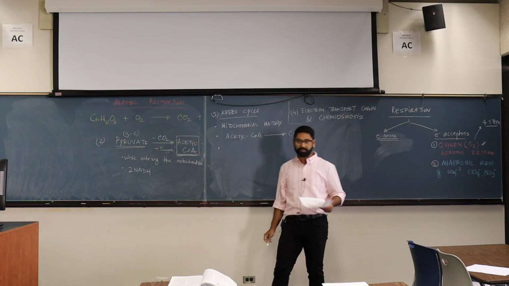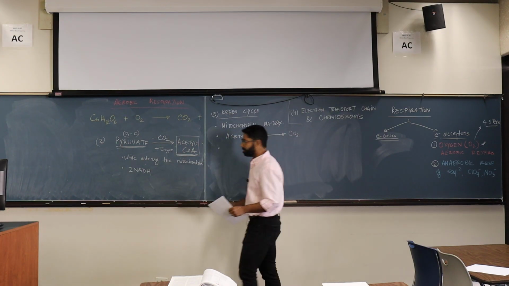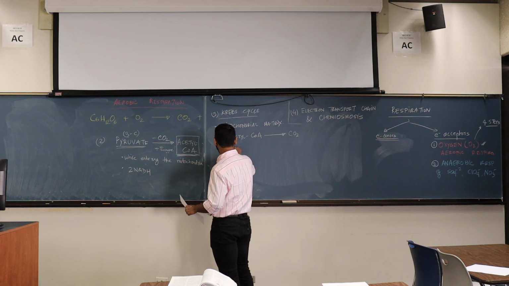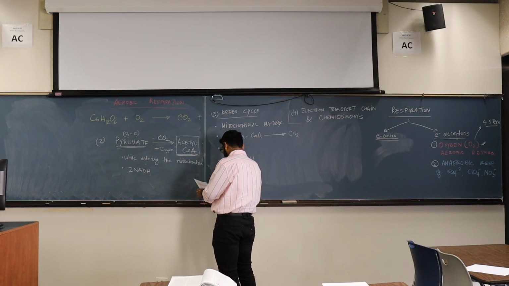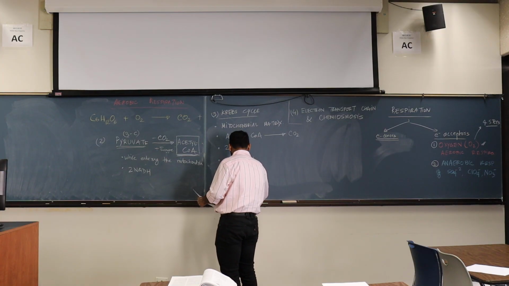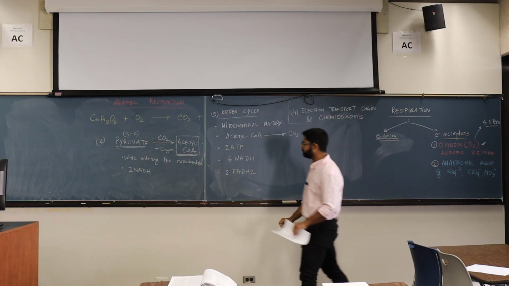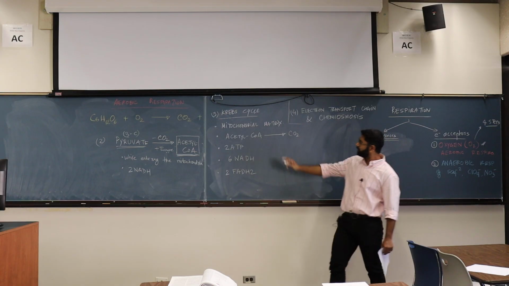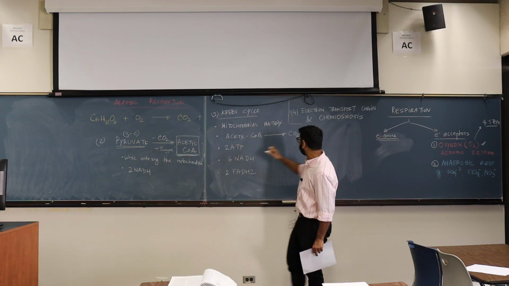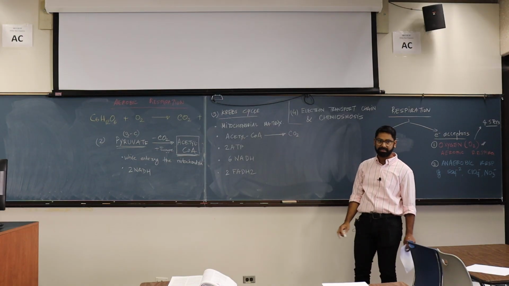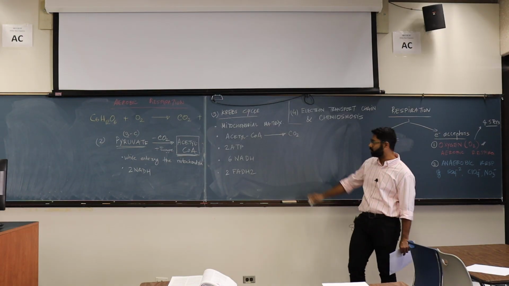What is the energy output of this? You get 2 ATPs, 6 NADH, and 2 FADH2. So in here you can see that all that sugar that you started off has already produced the carbon dioxides that you are breathing out.